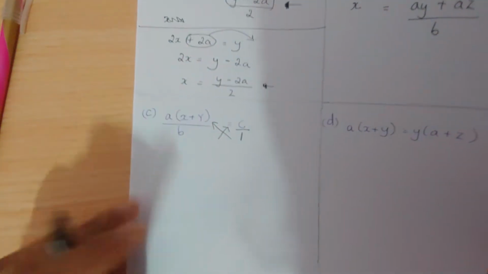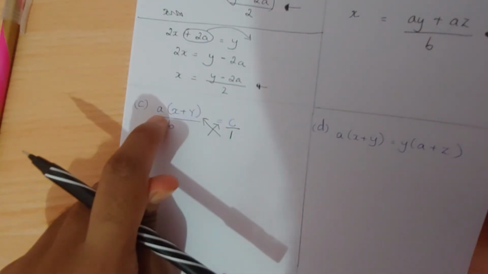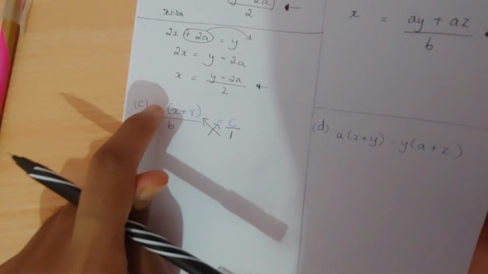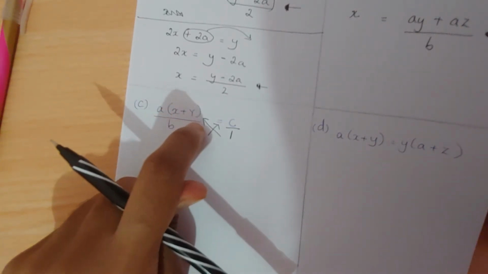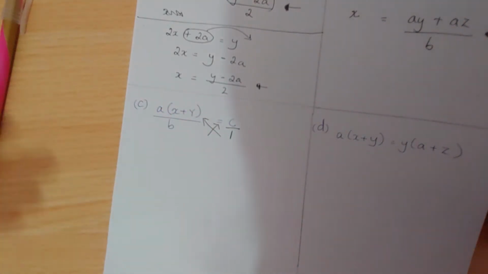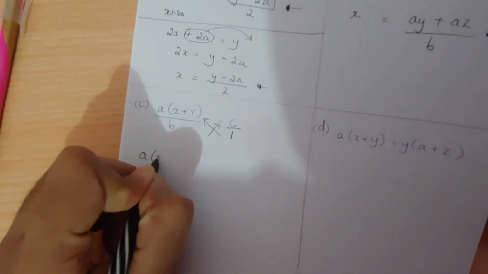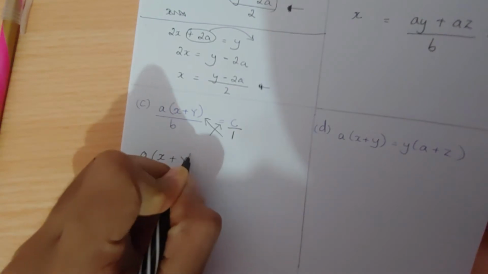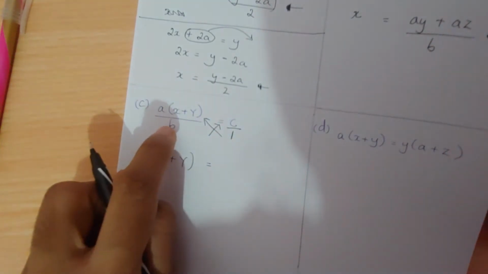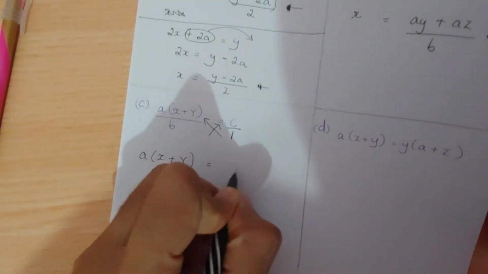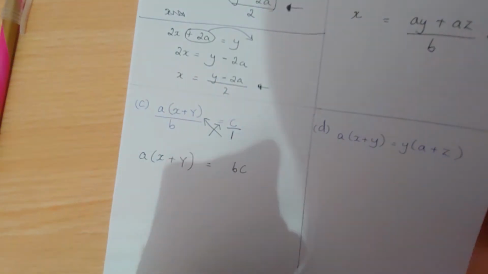Donc, je vais faire le cross multiplication. 1 times this, c'est-à-dire a into a x plus y, you have the same thing. That is, you take any number, you multiply by 1, you have the same thing. X times 1 is equal to x. Donc, j'aurai a x plus y is equal to b times c is equal to bc.